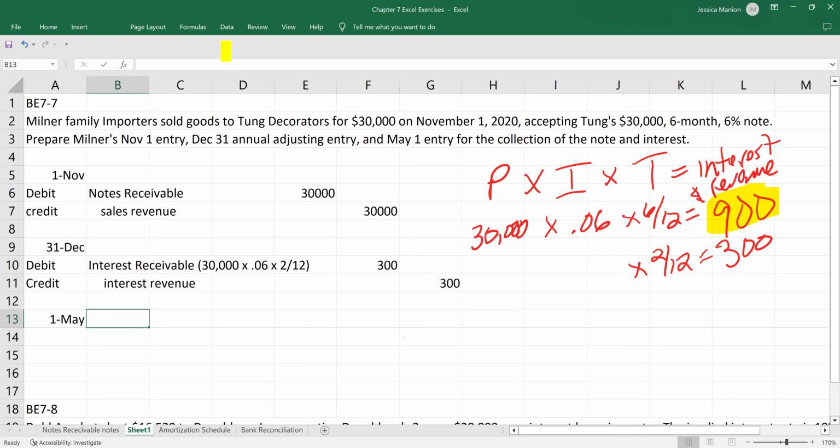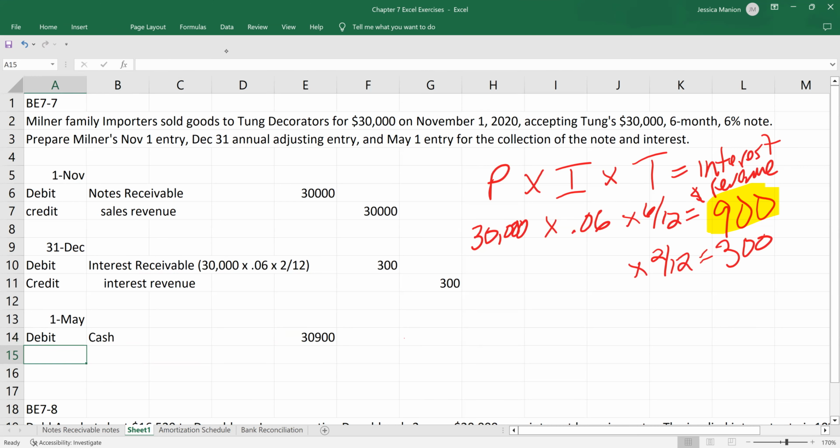Now they're paying us the entire amount, not only the $30,000 note, but the entire amount of $900 interest. Okay, so we're going to debit cash for, again, not only the principal amount, the 30,000 plus the 900 worth of interest. So they're going to be paying us cash total 30,900.